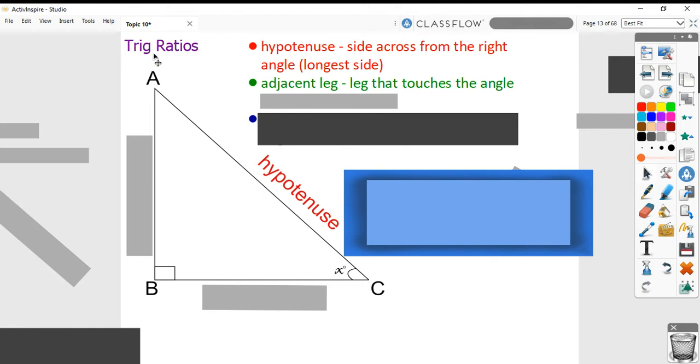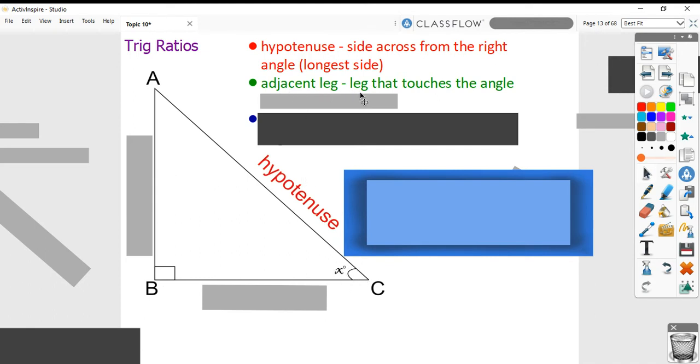We already said the other day that trigonometry is all about triangles, but these things we're going to be talking about today are specifically about angles. On this diagram, we are working with angle C. Angle A and angle B are not super relevant to this conversation. It's all going to be about angle C.